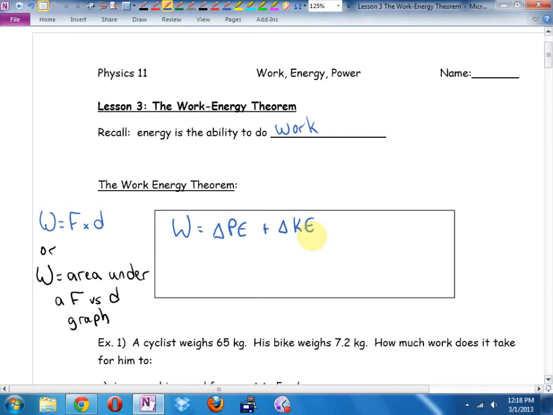Final minus initial. Chris joined the party a bit late, so we're going to do it again. Final minus initial. Kelly didn't move her lips at all, so we're going to do it again. Final minus initial. You really think in the front row you were going to get away with that twice in a row? Come on. I have my eyes everywhere. What's change in anything, Jamie? Final minus initial.